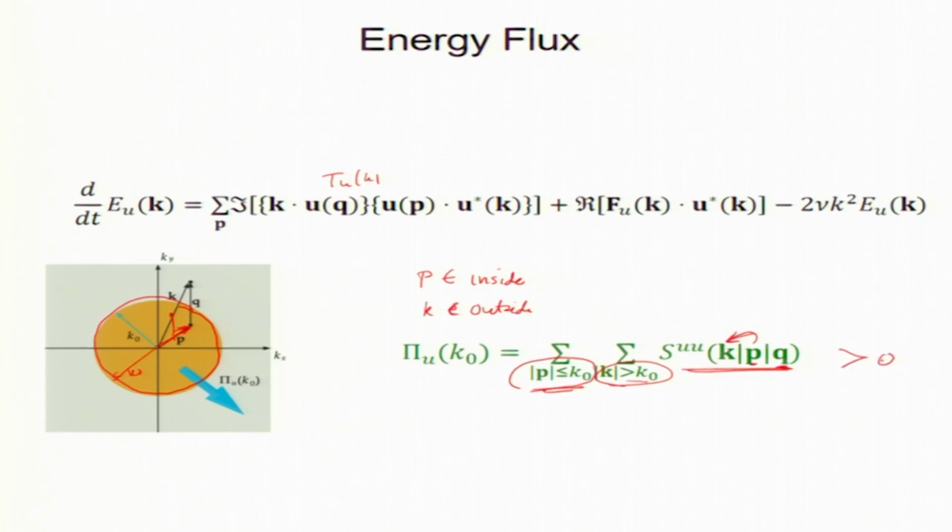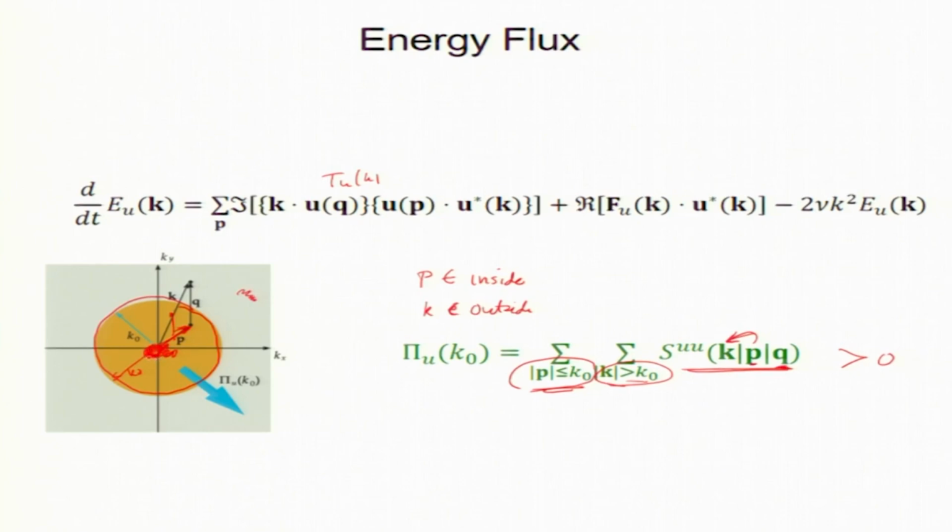This is a property of the Navier-Stokes equation. It has been proven by Kolmogorov. The energy will flow from large scale to small scale. Large scale means small wave number. So large scale is here and it is going to small scale here. In fact, we inject energy close to the origin, at small wave number.